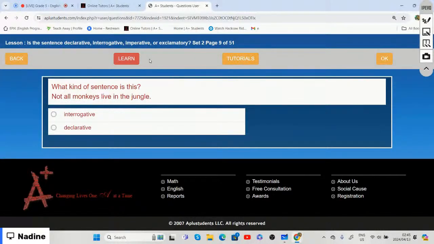Not all monkeys live in the jungle. Is this an interrogative sentence or declarative sentence?